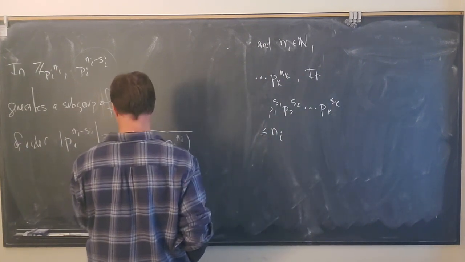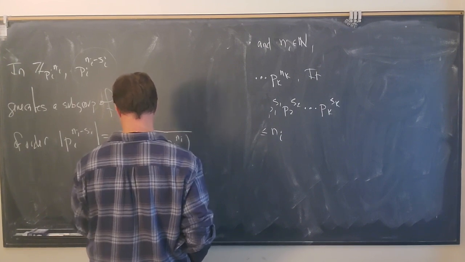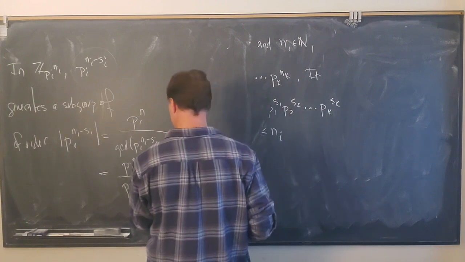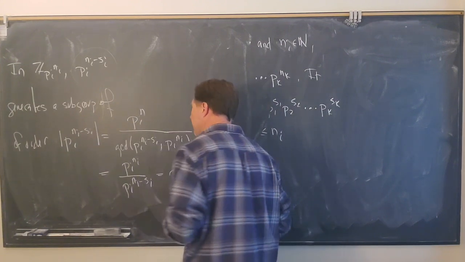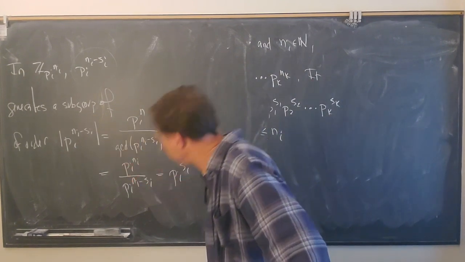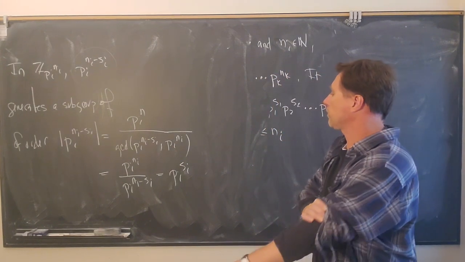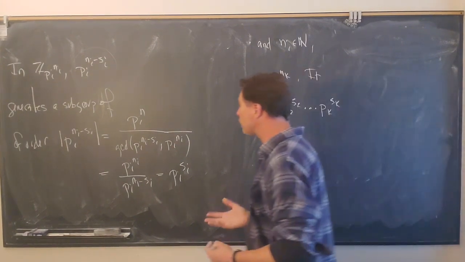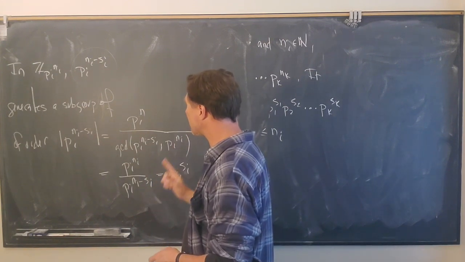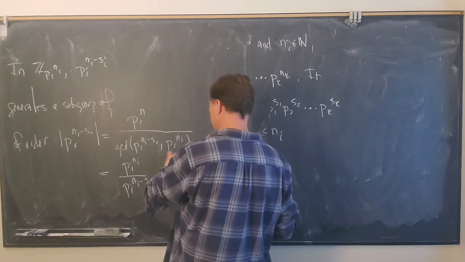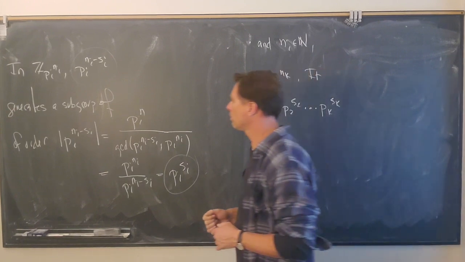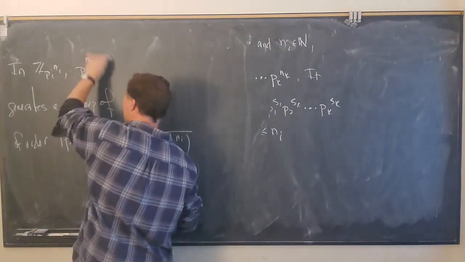So this is p_i to the n_i over p_i to the n_i minus s_i, and when we subtract the exponents, this is p_i to the s_i. So in each of the factors for G, we have a subgroup whose order is p_i to the s_i, and it's a cyclic subgroup, generated by that element right here.